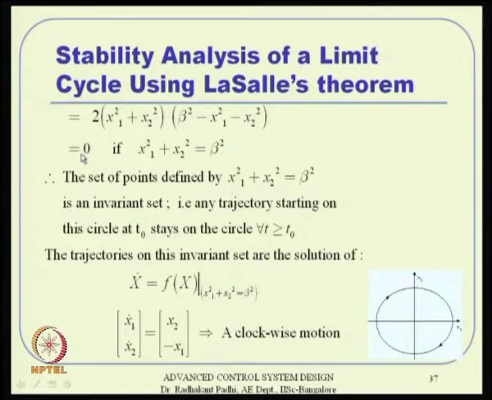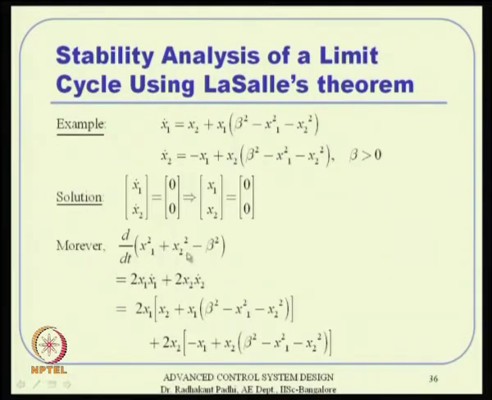So, that tells us that we have some sort of a limit cycle. If I start with any point on this trajectory which satisfies this equation, then I will continue to stay on that particular locus. The expression x1 square plus x2 square minus beta square will remain constant, it will never change.